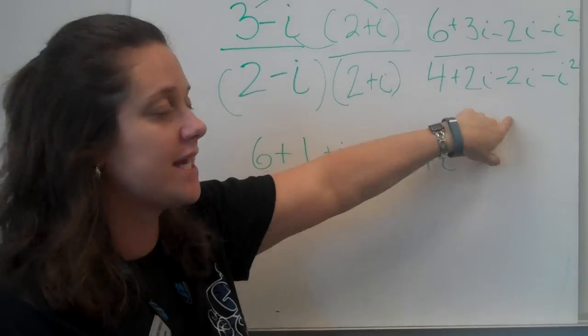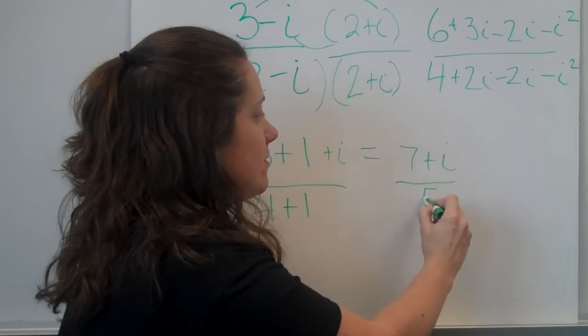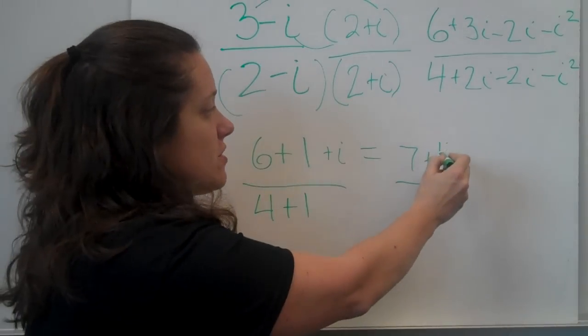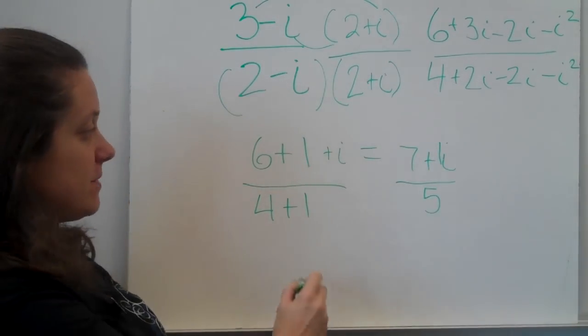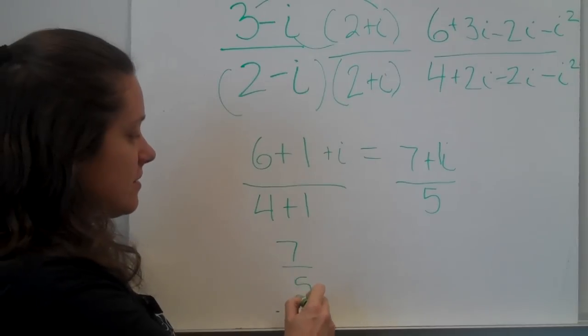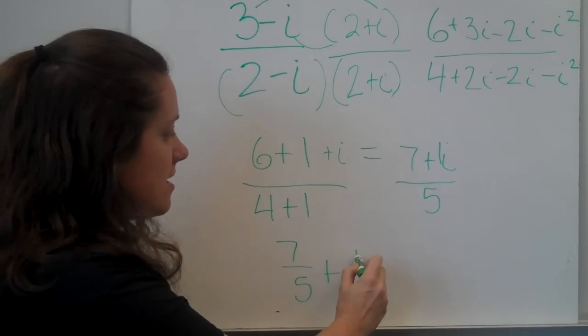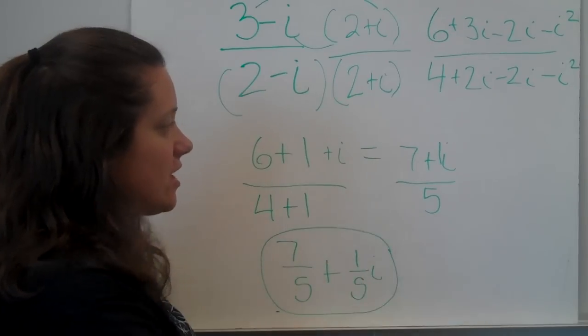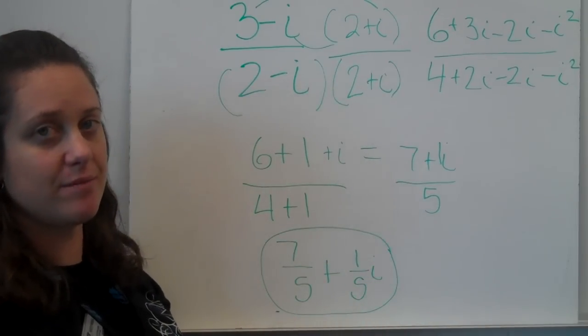And those, of course, are going to cancel. So I end up with 5. Now, I know that if I need a coefficient, I can make a coefficient of 1 here. So that when I split this up, it would be 7/5 plus 1/5 i. So again, I always give my answer in a plus bi.